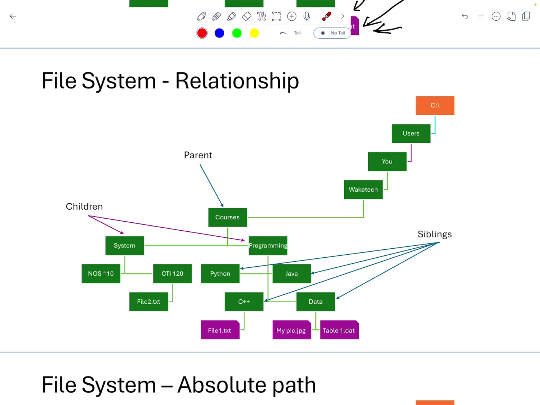That's one key relationship you need to know. The other thing is siblings. Under programming, I have four children: Python, Java, C++, and data. All of them have the same parent, programming. These are called siblings.